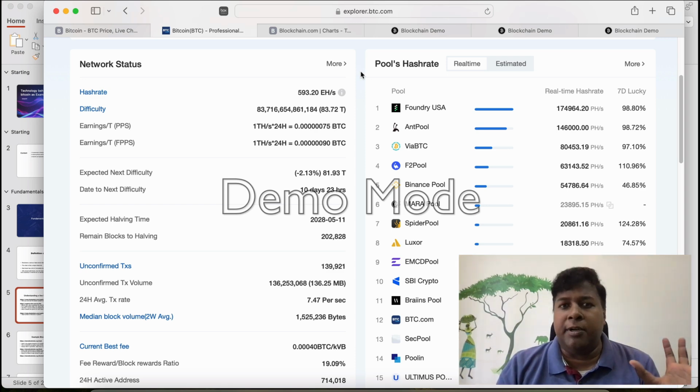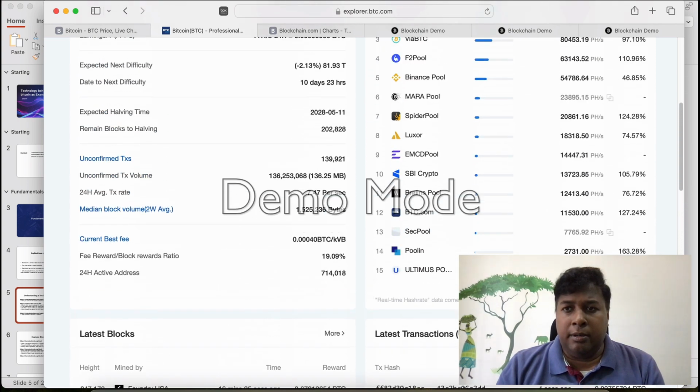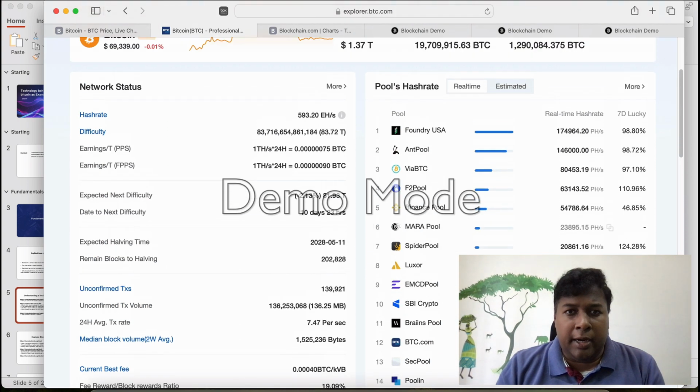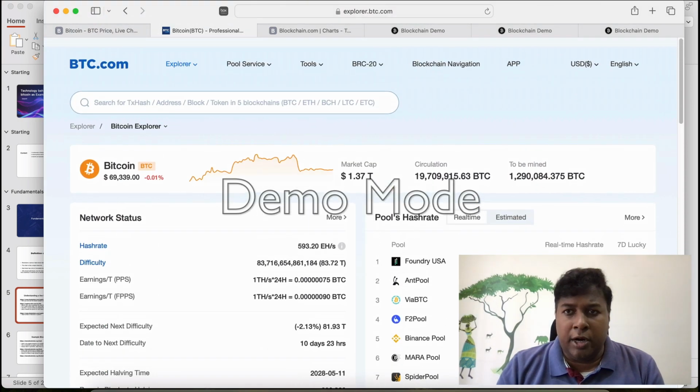Just understand that the difficulty is very high here, right? And then Foundry USA, Antpool, ViaBTC, all these are the miners, and they are able to mine it successfully. And you can also see somewhere here how much they are awarded.